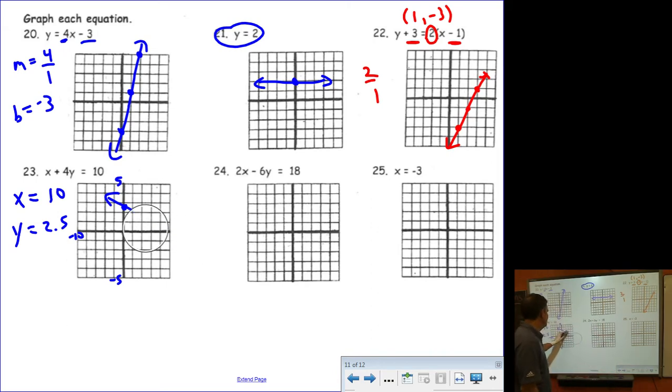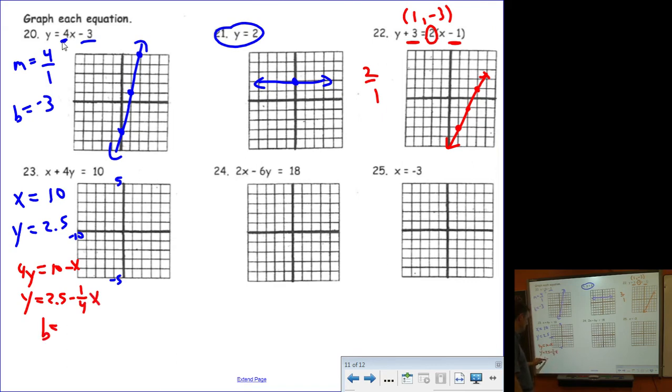Another way to graph it, the way I did it in the answer key at the beginning, was I put it in slope-intercept form. I moved the x to the other side, and then I divided by 4, and so I got a y-intercept of 2.5, and I got a slope of -1/4.